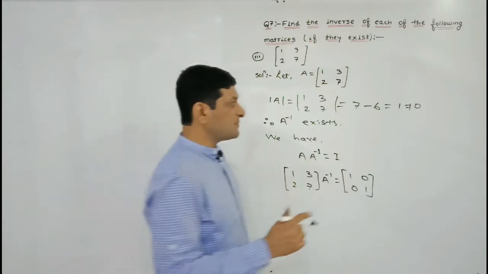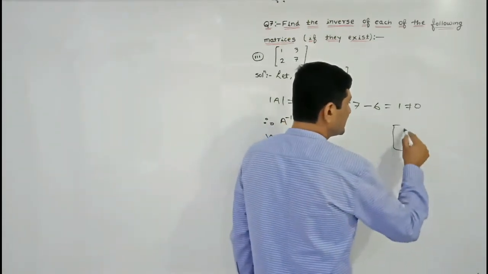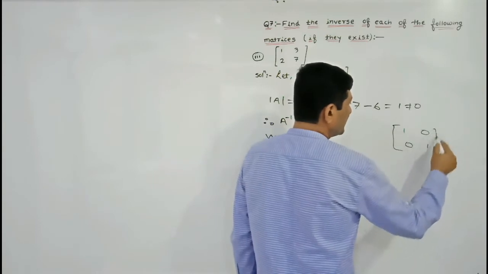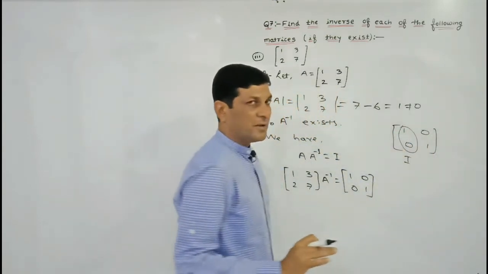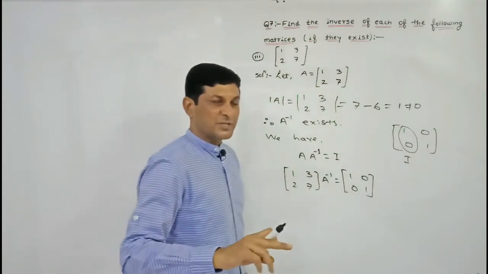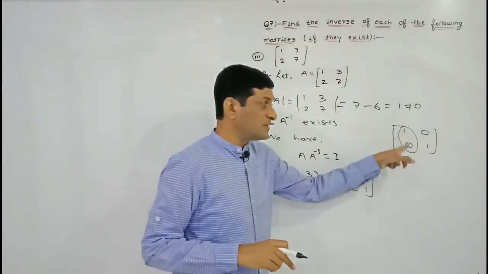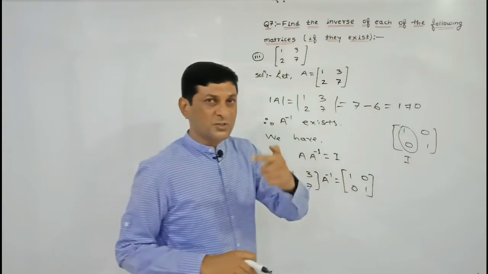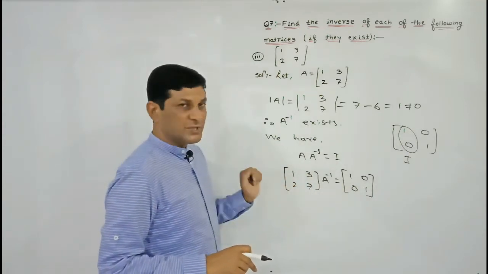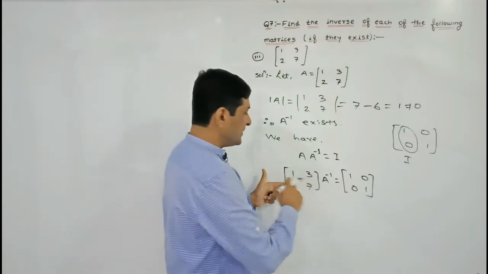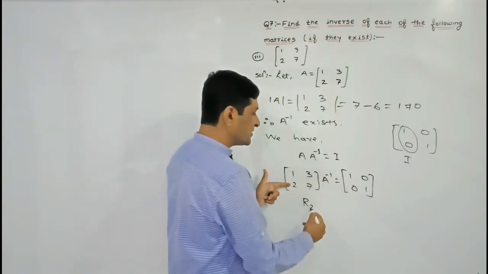Now to convert this matrix into identity means its elements should be 1, 0, 0, 1. Already we have seen that this will be our first step. Means in first column, whenever we are using row transformation, at that time our first step is what? Convert the elements of first column into 1, 0. Already 1 is there, means we will require 0 here. And since this is the element of second row, means our operation is on what?